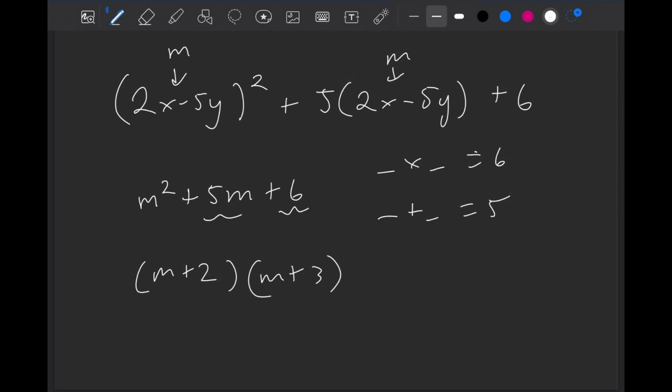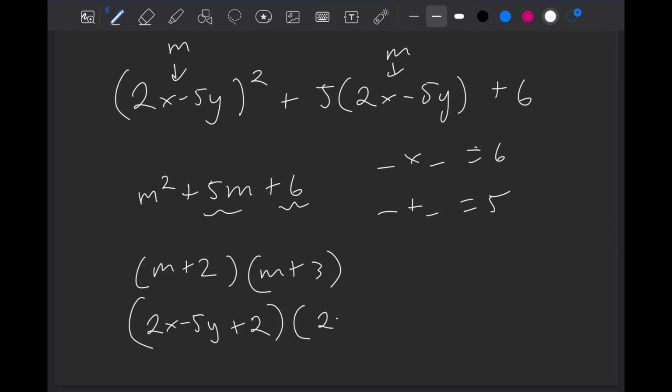And then the last step is to just substitute it back in, so 2x minus 5y plus 2, times 2x minus 5y plus 3, and we can open the bracket. That's basically our answer for that one.